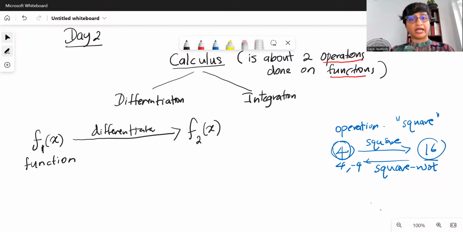And when I differentiate, the other function I got, which I labeled f2, is called the derivative of that first function.